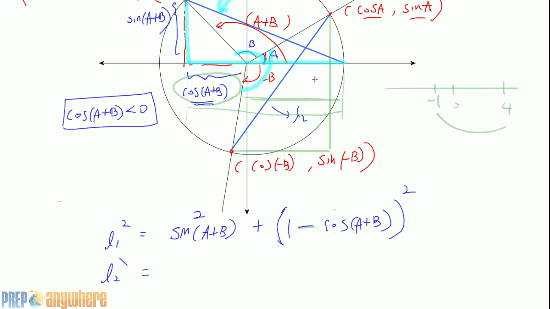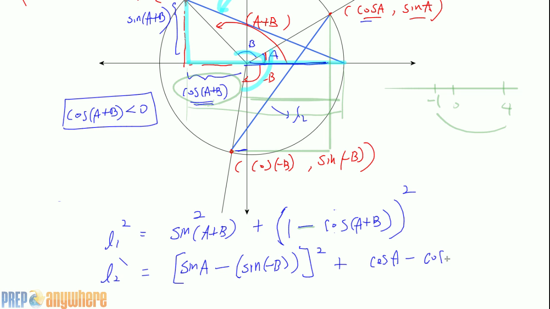So the height is going to be sine of A, again minus sine of minus B, squared, right, plus cosine of A, which is this distance, minus this. So minus the negative value. Okay, now you square that.